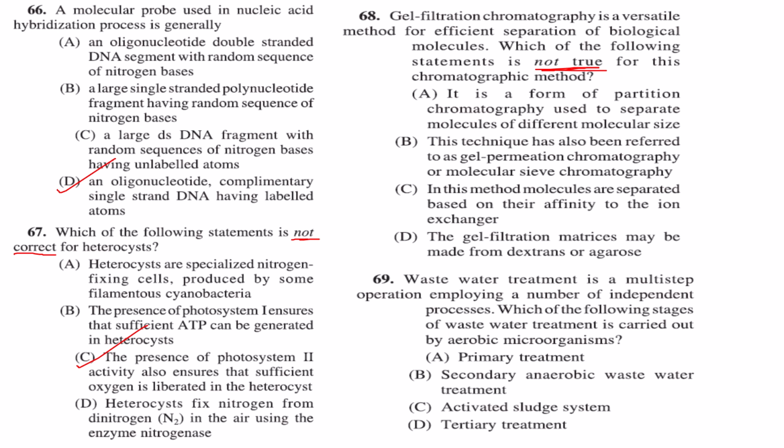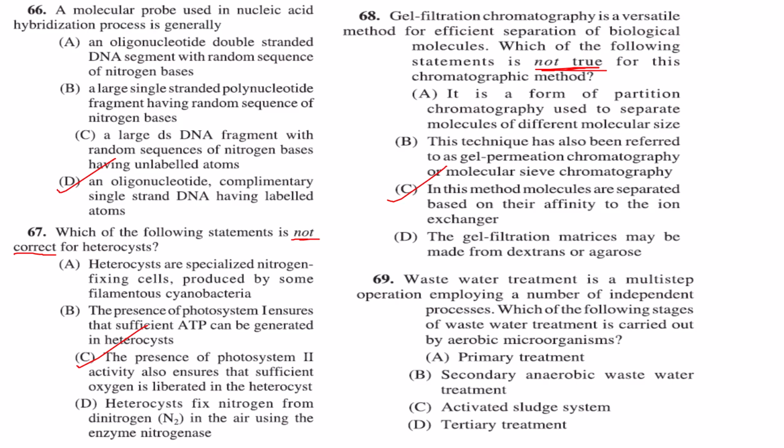So it is a form of partition chromatography used to separate molecules of different molecular size. That is correct. This technique has also been referred to as gel permeation chromatography or molecular sieve chromatography. That's also correct. In this method, molecules are separated based on their affinity to the ion exchanger.